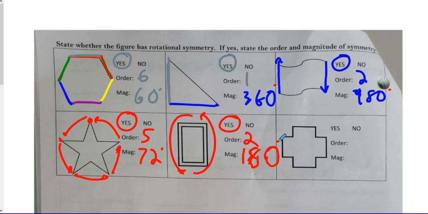And last but not least, since this is all equal, if I rotate this point down here once, twice, 3 times, and back to the original, that's an order of 4. And 360 divided by 4 is 90 degrees. And that's it.